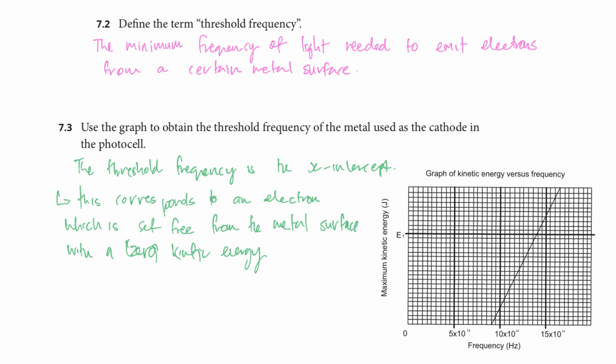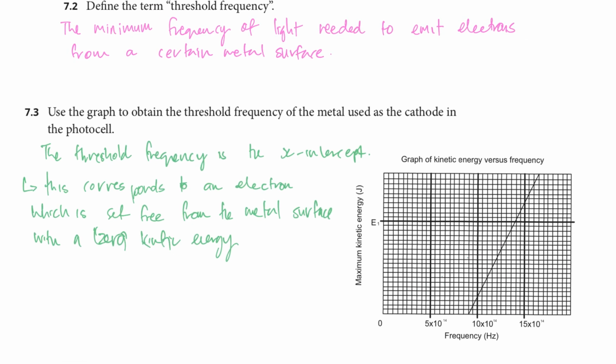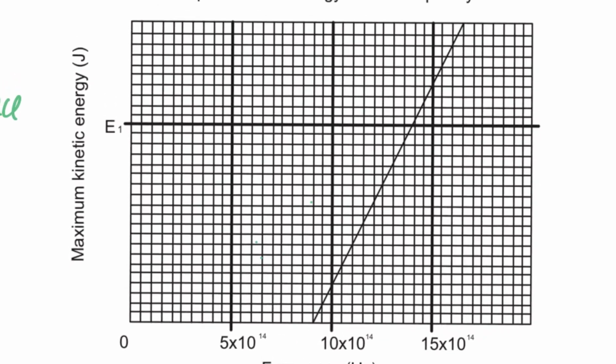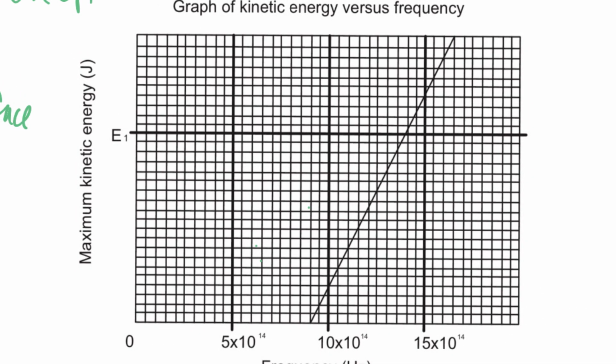Alright, so let's have a look here how that works out. If I go to my graph, you've got to get really detailed, so I'm going to zoom into it quite a bit. I must understand what units they're using. To get from 0 to 5, let's have a look at what intervals they used: 1, 2, 3, 4, 5, 6, 7, 8, 9, 10. So they're moving in 2s.